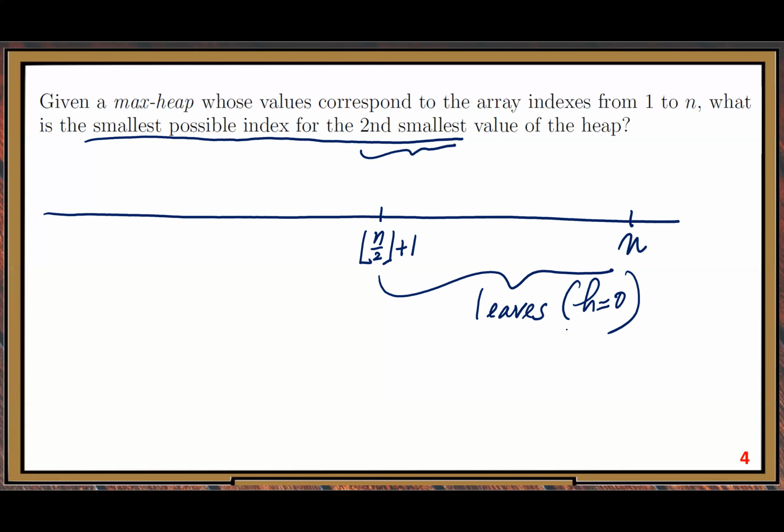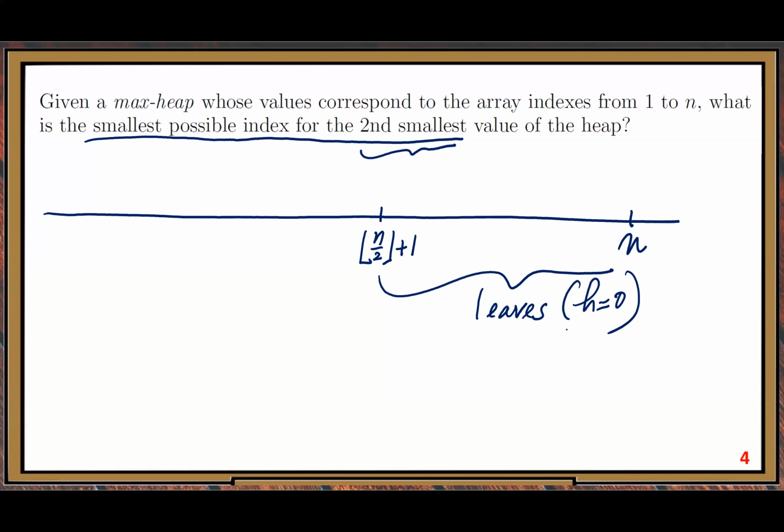Now, we want to find the smallest possible index for the second smallest. We want to push the second smallest to the leftmost possible position where we can place it.